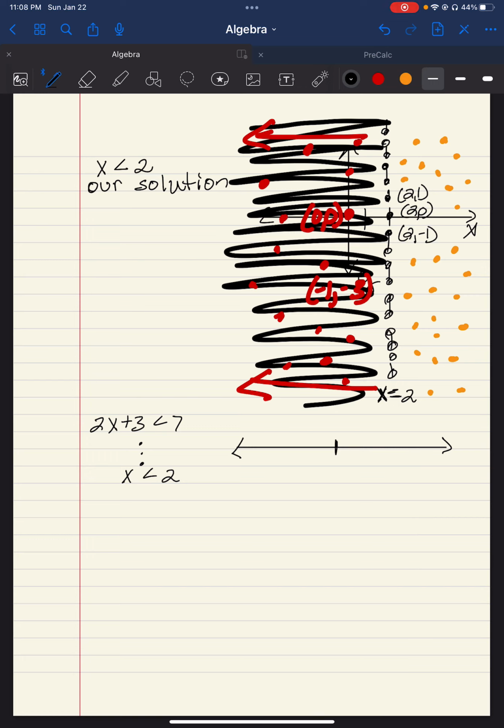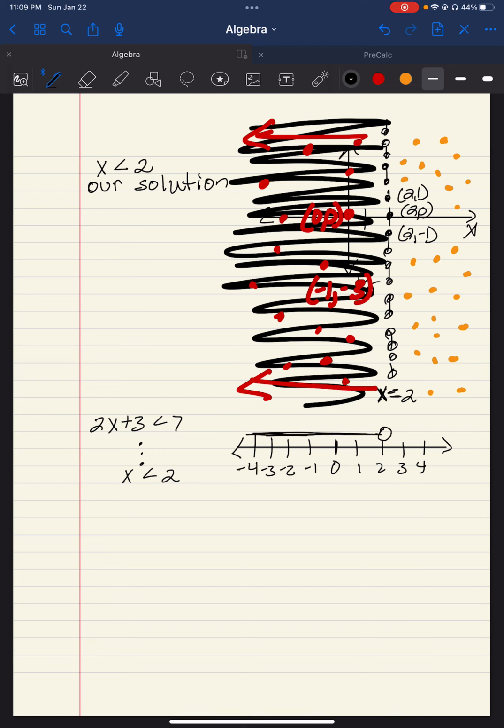So how does that look? Well, we usually mark some specific points, and we go over to 2, and we put an open circle, because an open circle is the boundary when the boundary is not included. And then we ask, where do all of our answers lie? Which direction? They're all going to be headed this way.